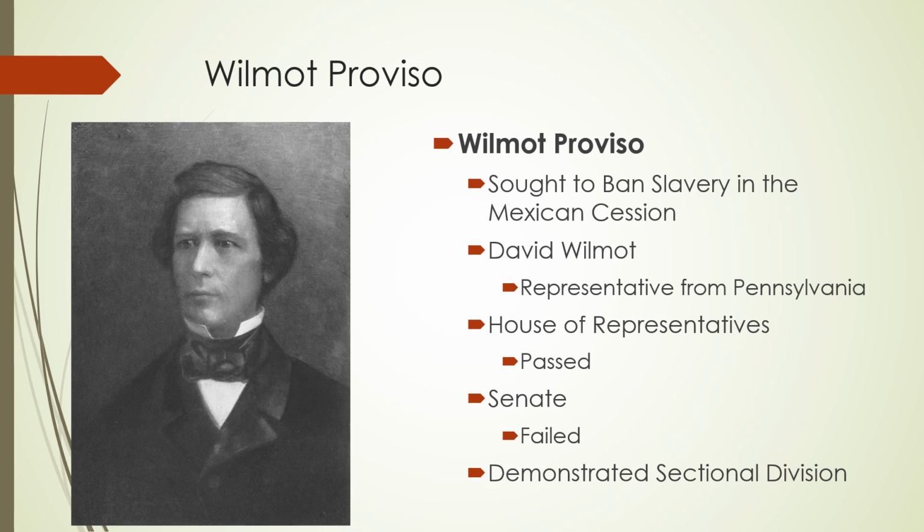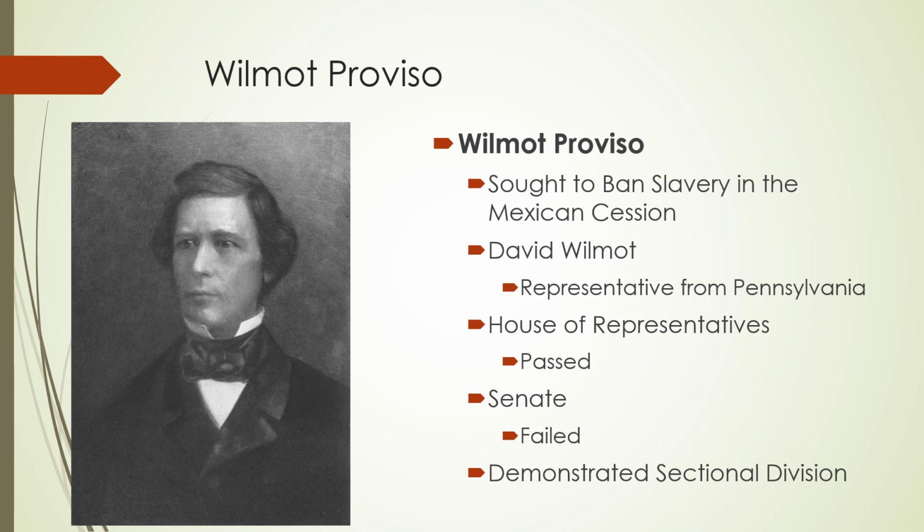The reason for that, okay, so the House of Representatives, if you remember, is based on population. So clearly the northern states where we have this industry and there's a lot of immigration to the north has many more people than the South. So in the House of Representatives, the North has the advantage because of population. But during this time, the South has the advantage in the Senate because of having more states.